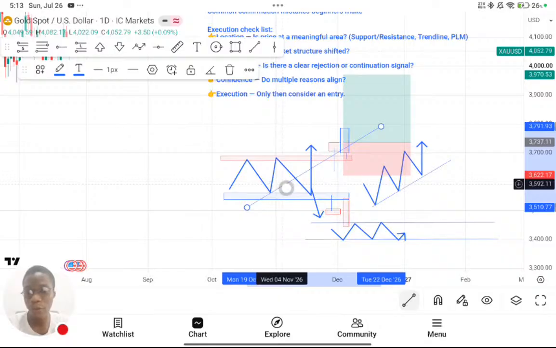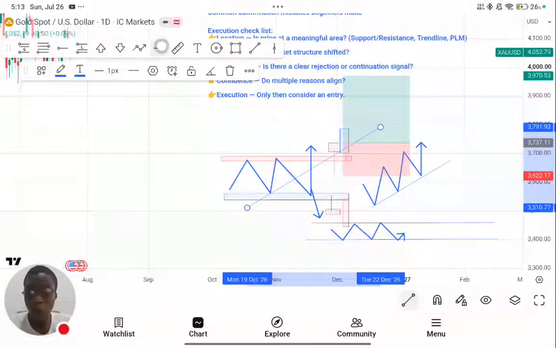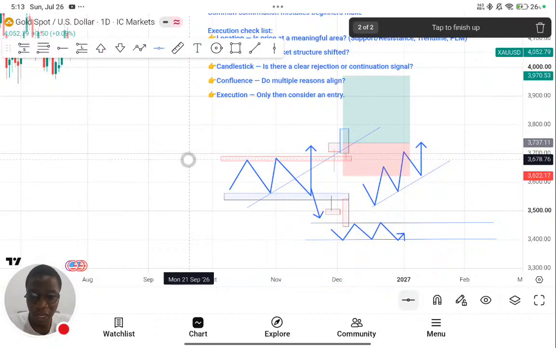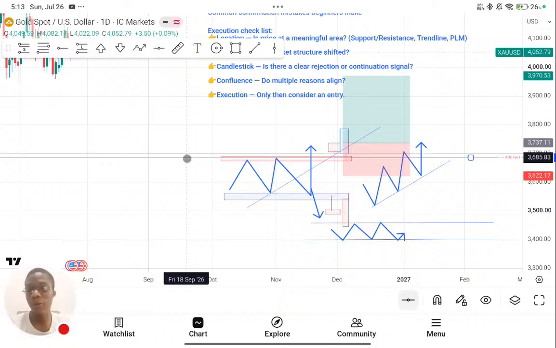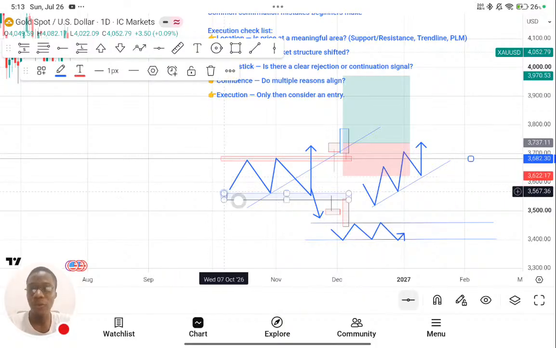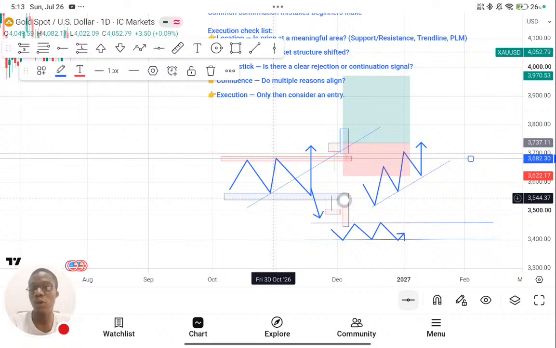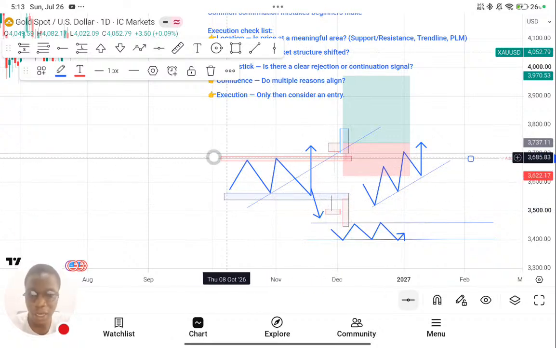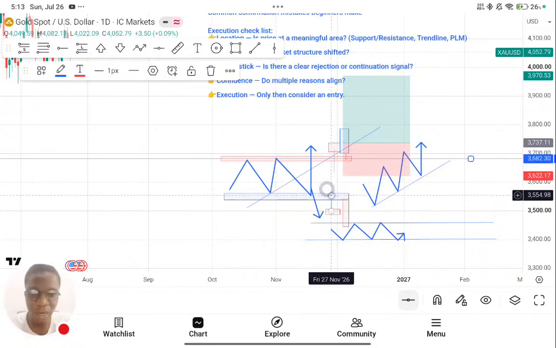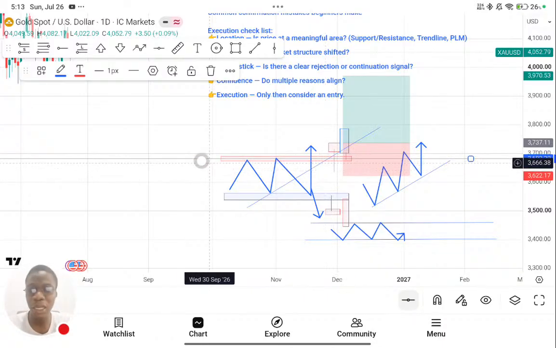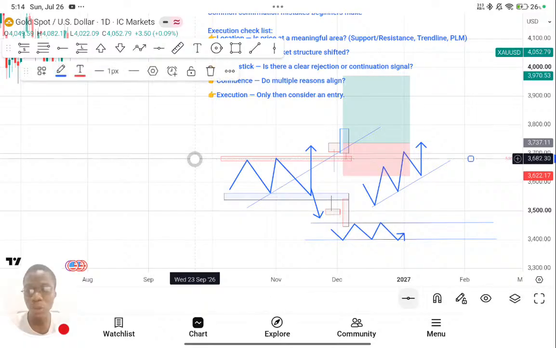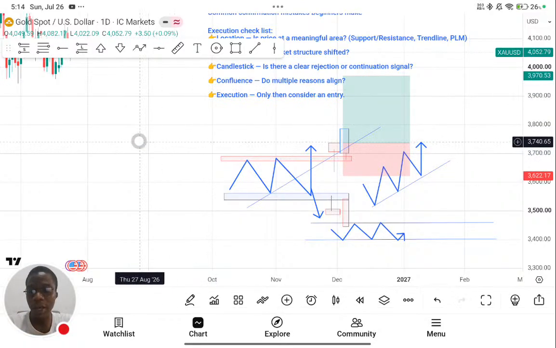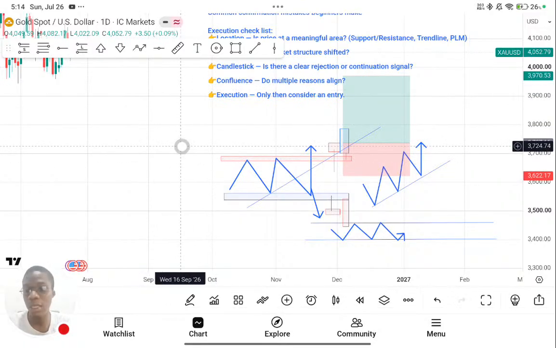So that's what confluence means. You are seeing up to two reasons, and it so happens that this same zone is a major psychological level that we spoke about, maybe 4,000, maybe 4,100, or 4,050. So you are seeing one, two, three, market structure aligning, the zone aligning, and that is how you identify an A plus setup.